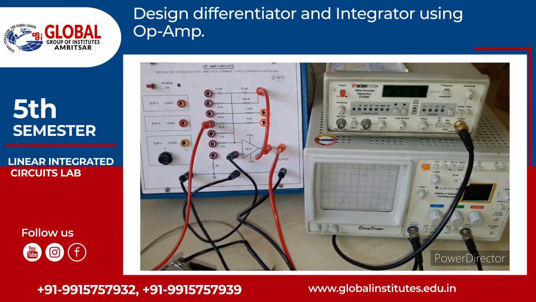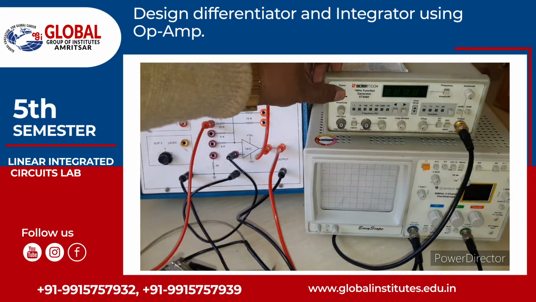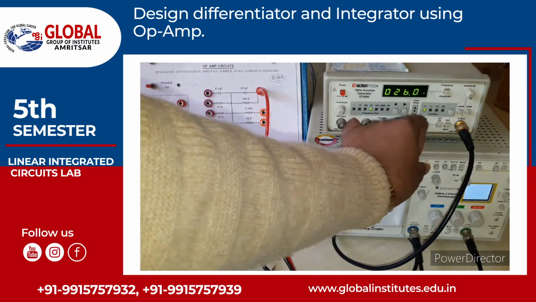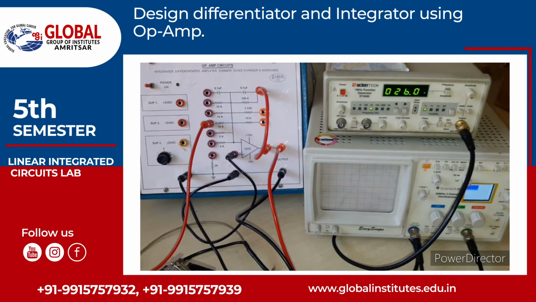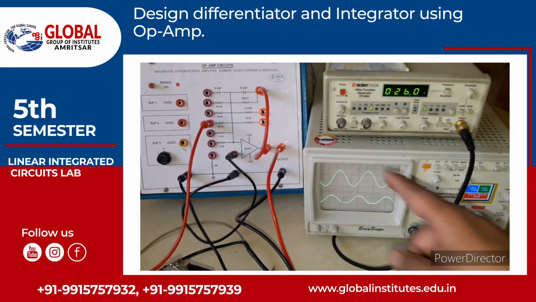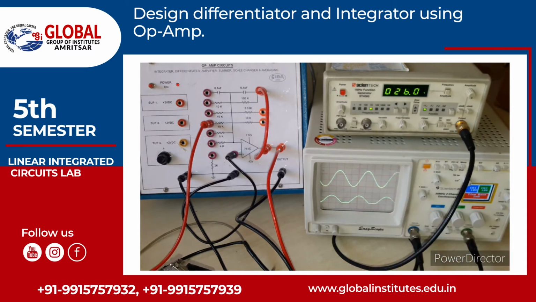Now I have given supply to the function generator, CRO and the circuit. So you see, as we apply a sine wave, we get approximately a cosine wave at the output of the circuit.